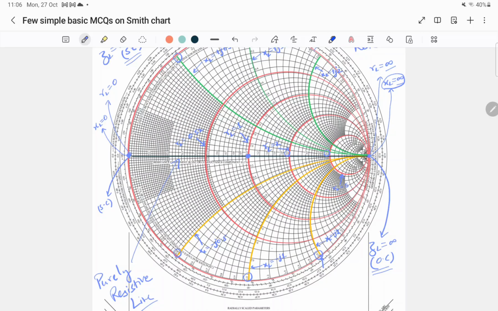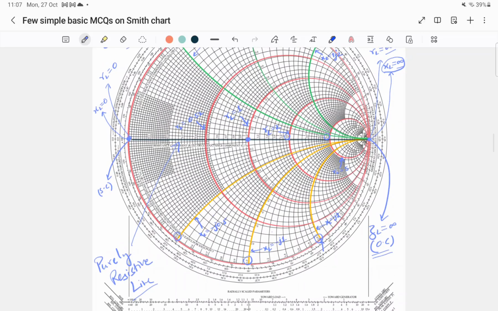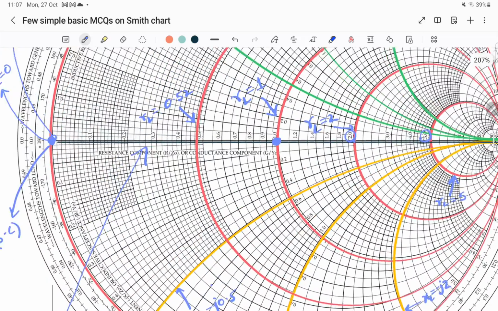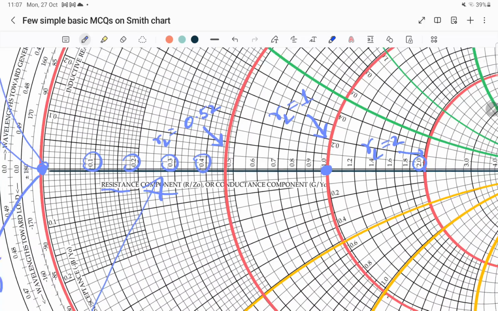But when we increase the radius of the circle so much that it becomes infinite and starts looking like a straight line, which is this horizontal line in the Smith chart, we call it XL equals 0. That is why this is called the purely resistive line, and these values represent the resistance values.